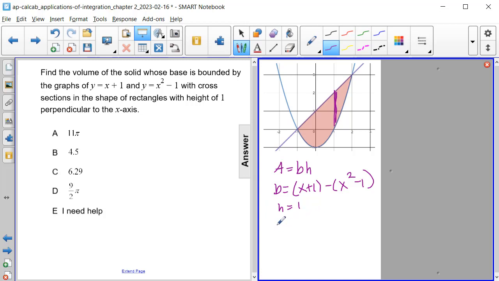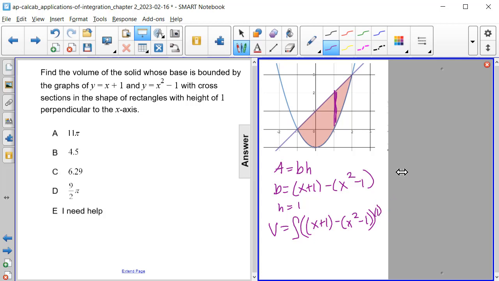So therefore, we can set up the integral for volume being the integral of our base, which is this one right here that we have, x plus 1 minus x squared minus 1, times the height, which is 1, and then we can put dx at the end there.